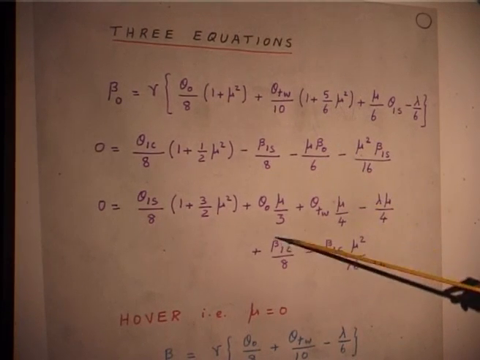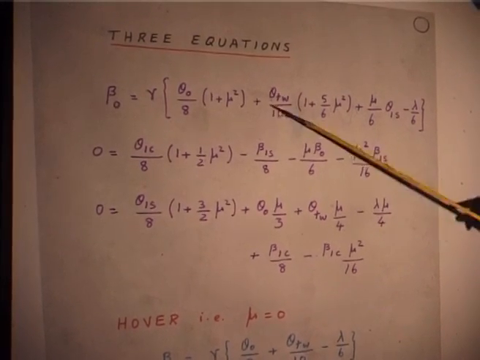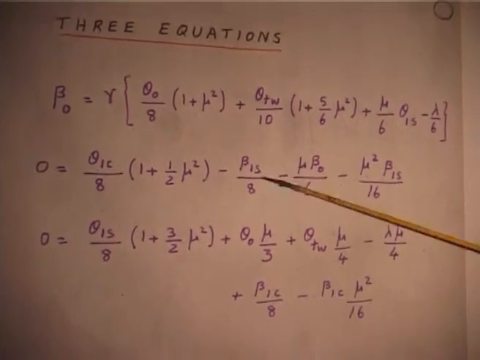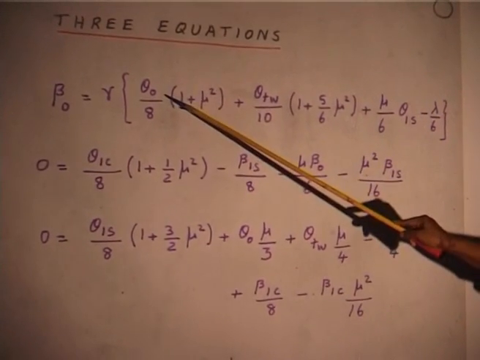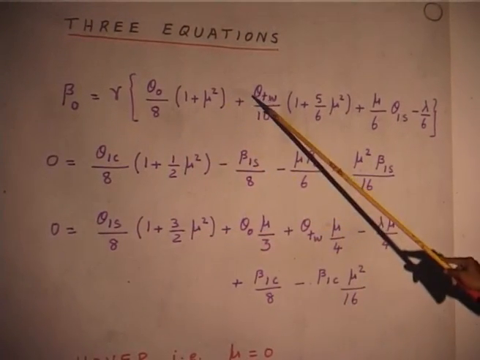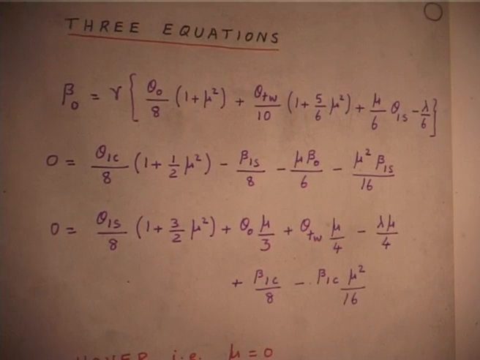I will get these three equations. And three equations, I know theta 0, theta 1 c, theta 1 s, these are my input, theta twist I know, and what is the forward speed, I know it. Only thing is gamma I know, gamma is Locke number.